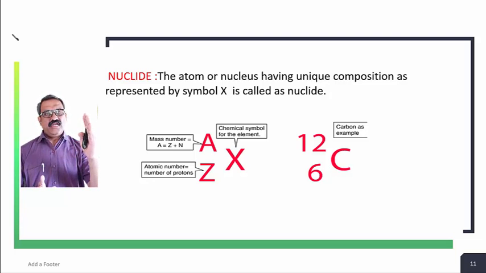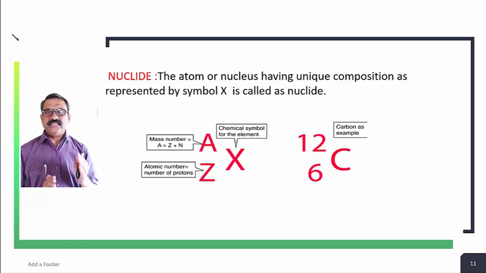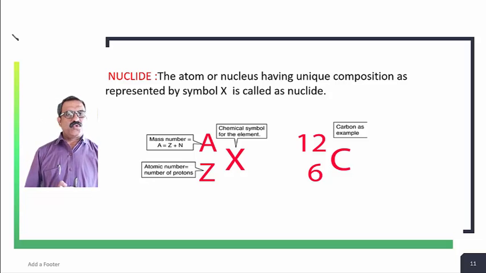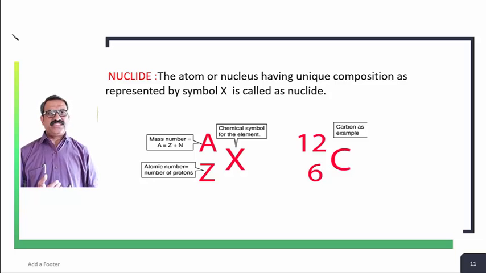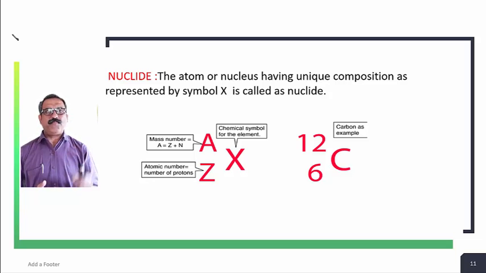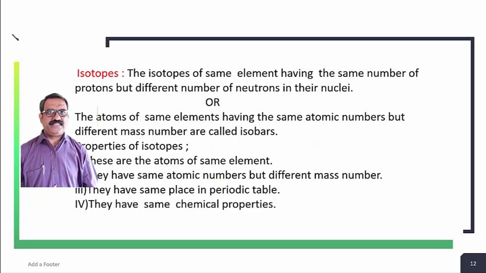And there is the value 12. 12 is nothing but the mass number of carbon. In short, a nuclide is nothing but the atom or nucleus having a unique composition represented by the symbol capital X.